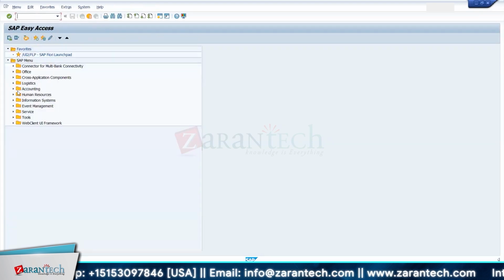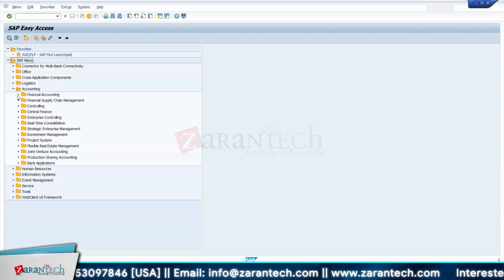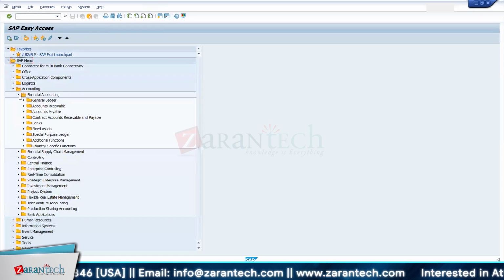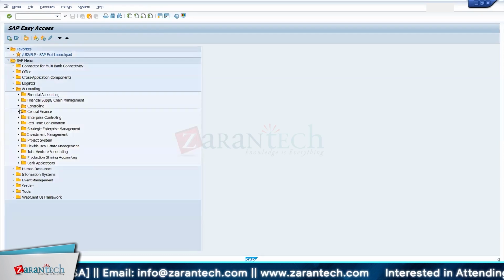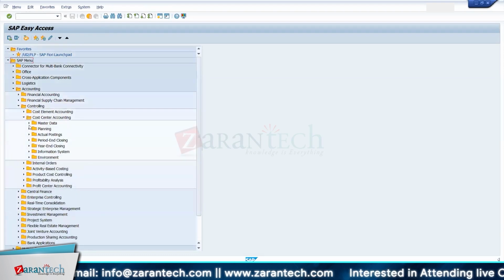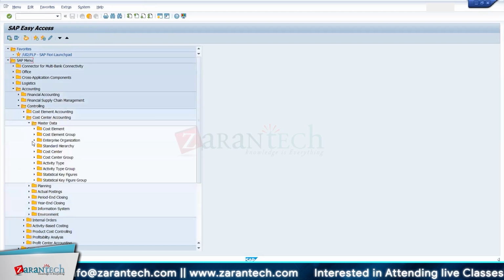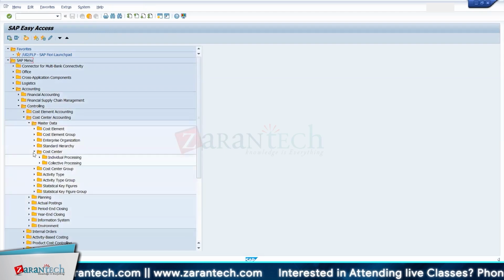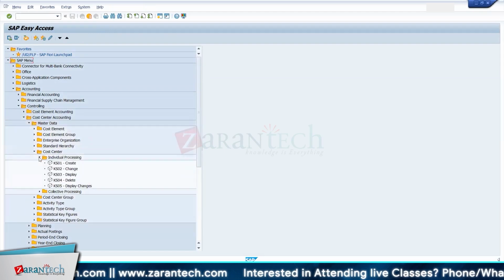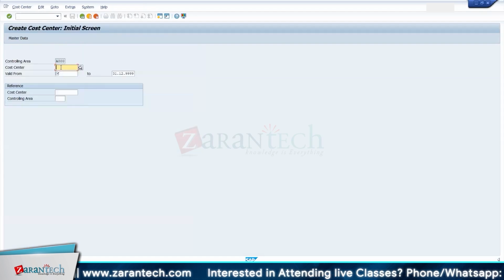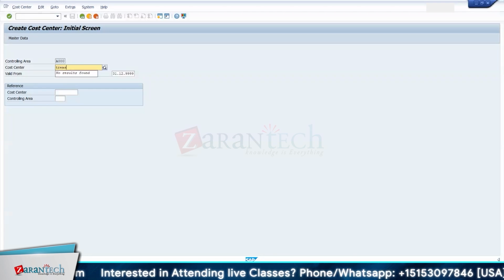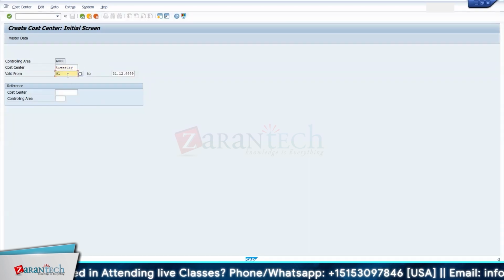So I'll go to create one. First, a cost center. This is the transaction KS01, A00, and for the cost center I'll say, suppose, Treasury, valid from 01/01/2021.